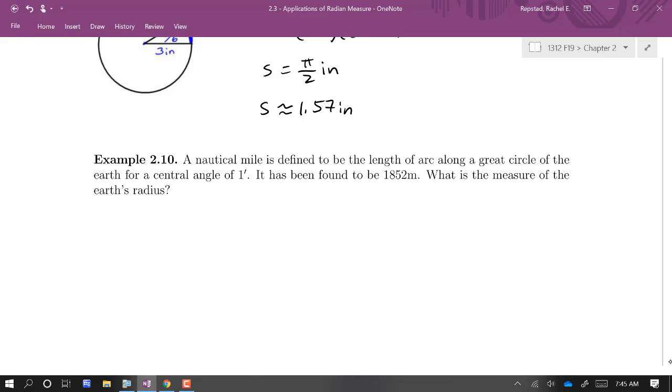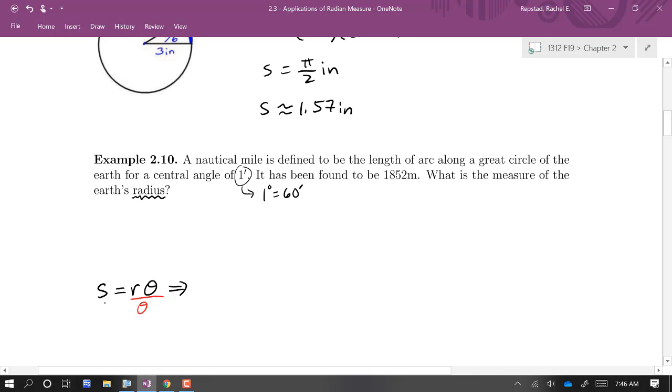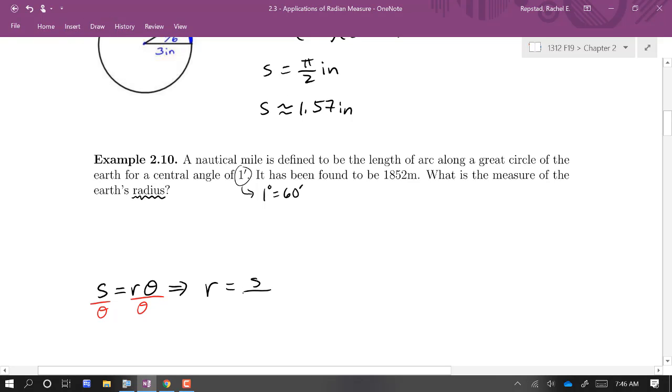So we have to remember that there are 60 minutes to 1 degree. And we know the arc length, right? So just sketching out our approach here. We know that s is r theta, and we're being asked to find the Earth's radius. So if we take this equation and divide both sides by theta, then we know the radius is s over theta.